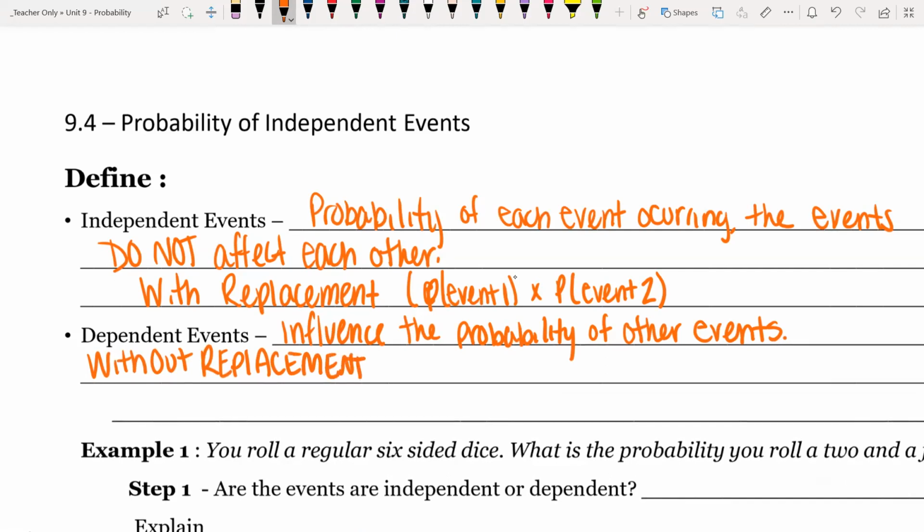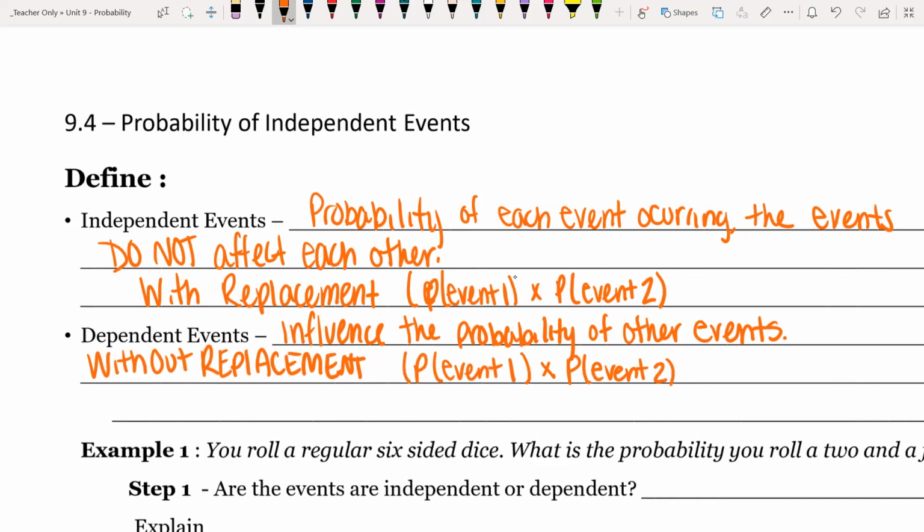So what that means is you find the probability of event 1, and then you still multiply it by the probability of event 2.